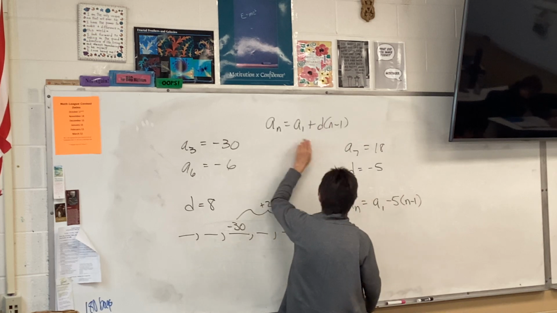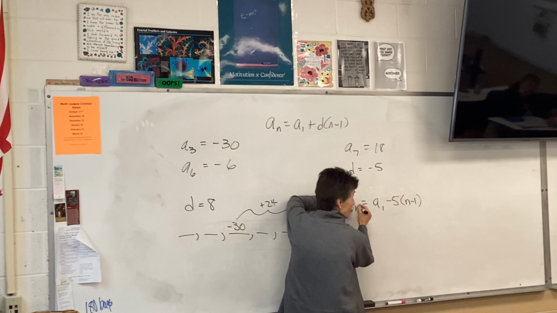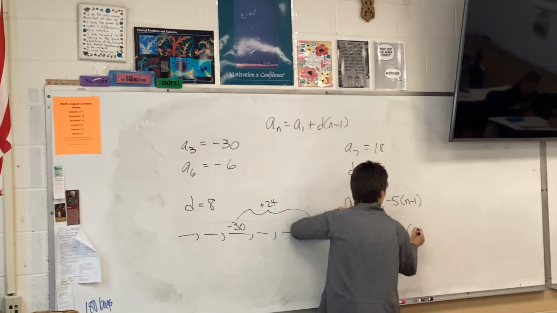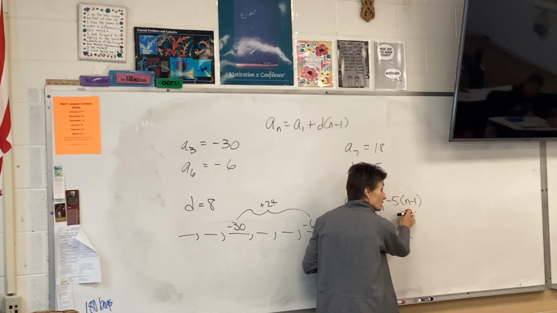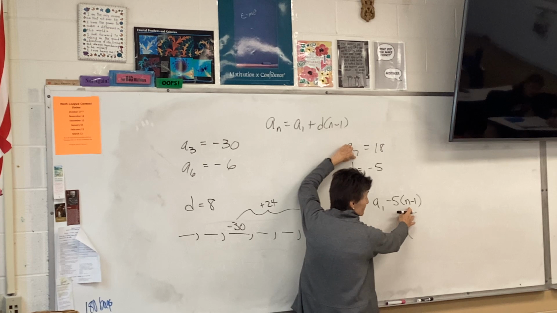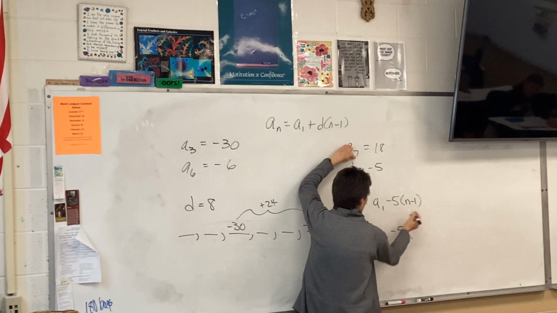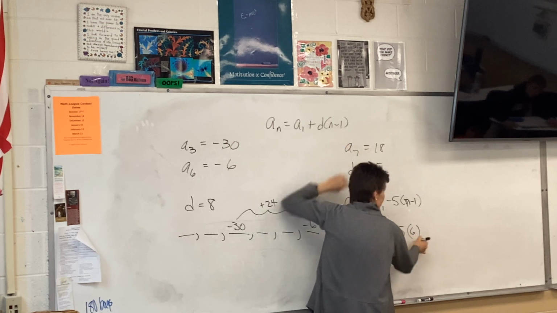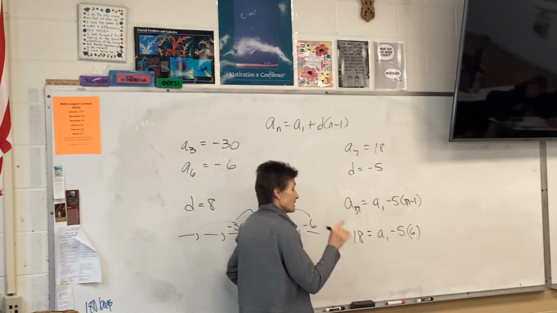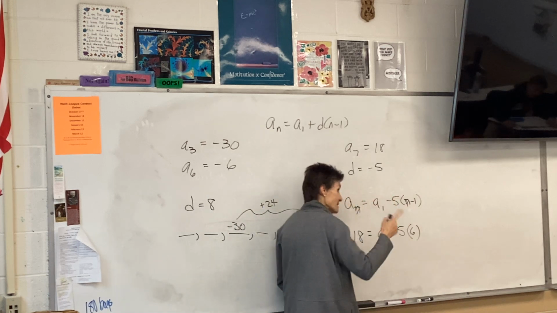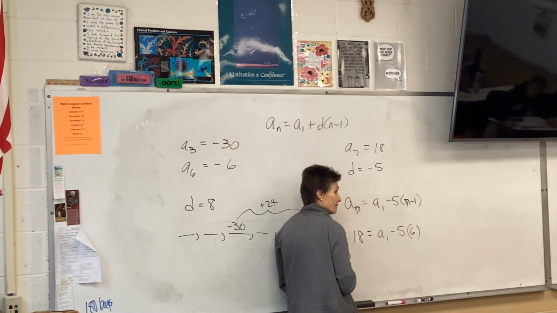So if, in my formula, I let n be 7, then this is going to be 18 equals a sub 1 minus 5 times what? No, not 7. Yeah, we're putting a 7 here, so that has to be a 7. So does that make sense to you? Yeah. So it's exactly what you were trying to do, but you want to be careful about how many sevens or how many fives you're adding.